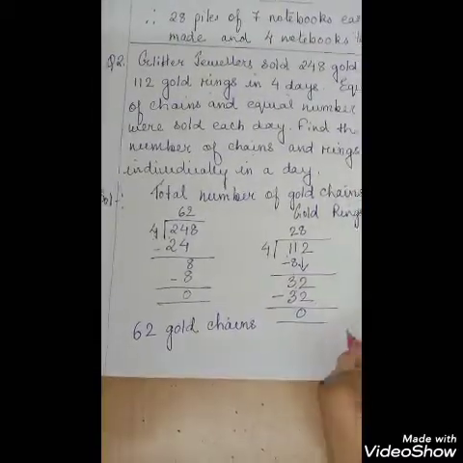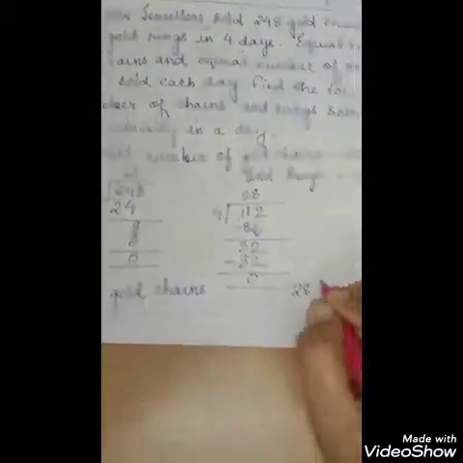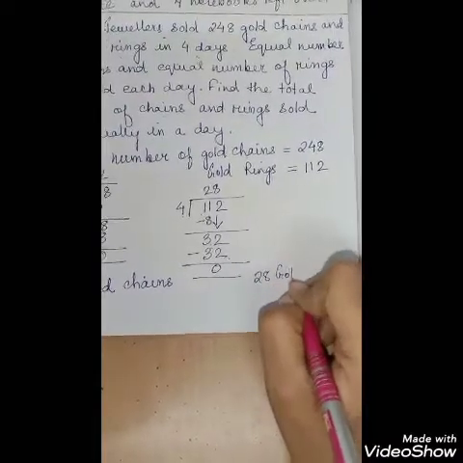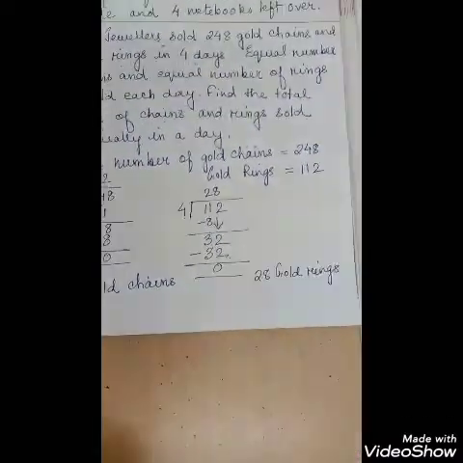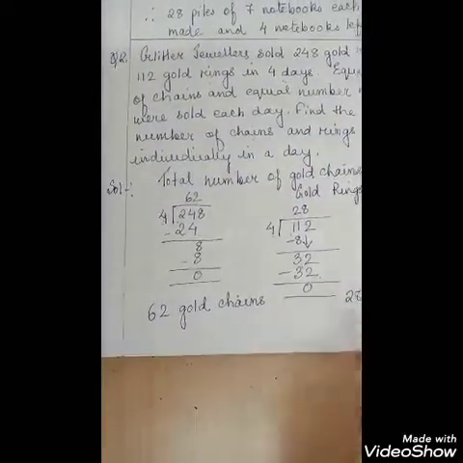And how many gold rings? 28 gold rings. Clear? So this is the way you have to find out.